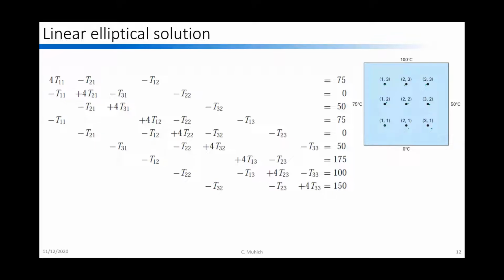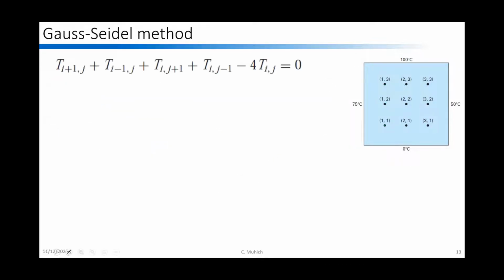We actually have this nice banded matrix. So once we have this matrix math, well, we can solve that. And at this point in the semester, we know lots of different ways to do that. We could do back division. We can do any of those different techniques that we've talked about. Now let's go in and do this again with the Gauss-Seidel method.